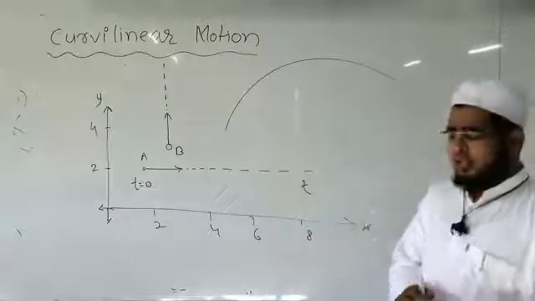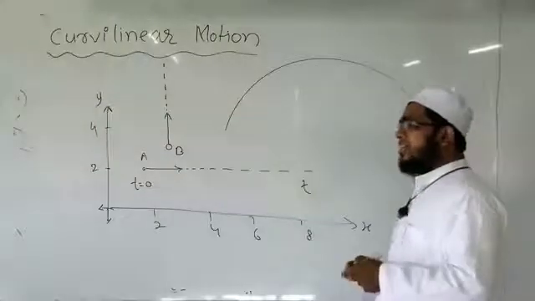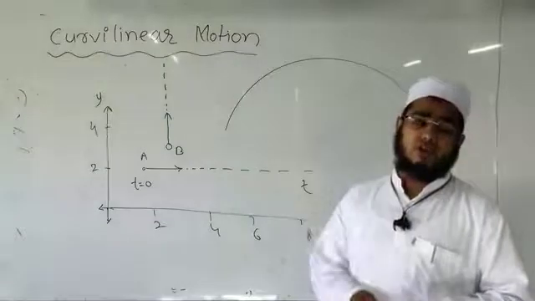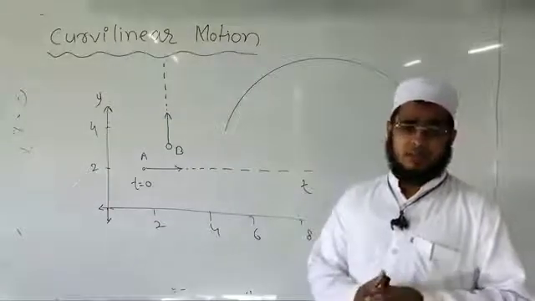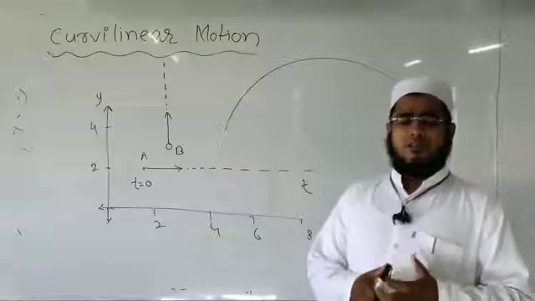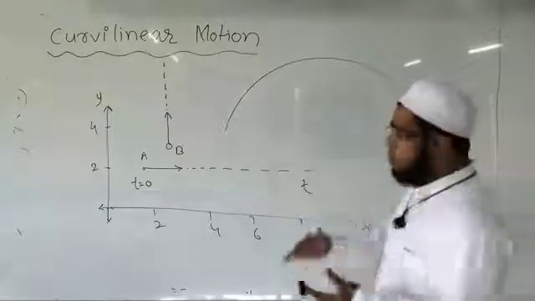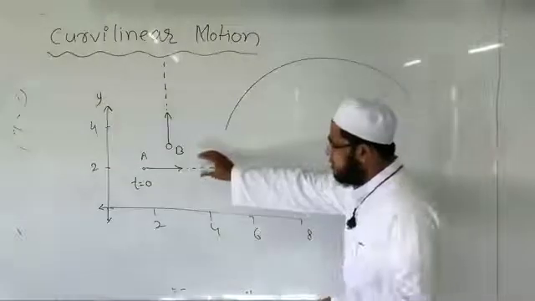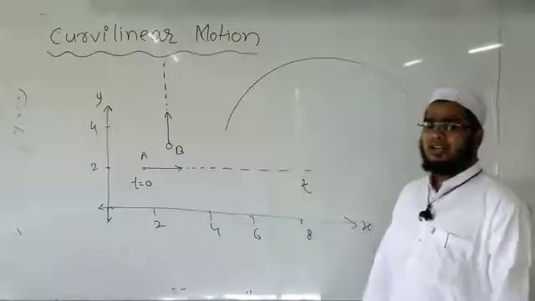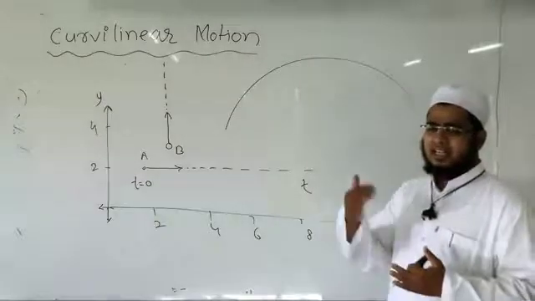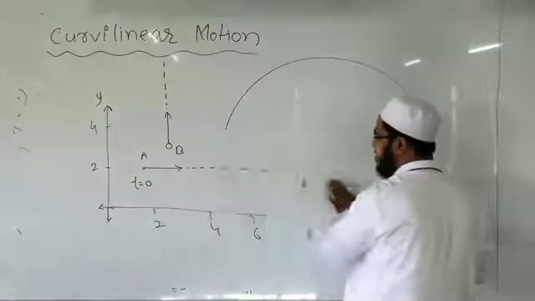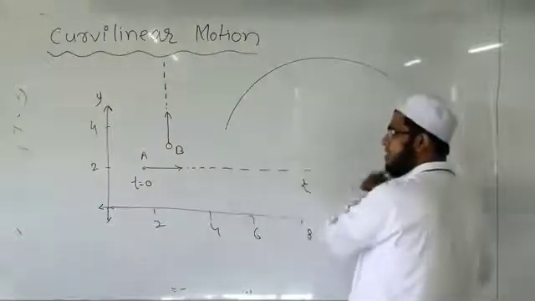We know that the change in position for a particular time is displacement. The rate of change of displacement is velocity. So, when the displacement is in a single direction, the velocity is also acting in a single direction. Velocity is directly interrelated with displacement. Displacement is in the x direction, that's why velocity is in the x direction.